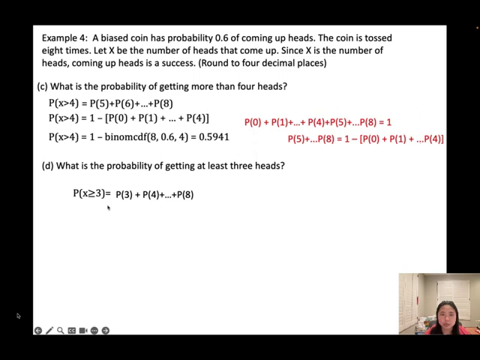So that will become 1 minus P of 0, plus P of 1, plus P of 2, in order: 0, 1, 2, 3, 4, 5, 6, 7, 8. And then same idea, that will be cumulative from 0 to 2. So 1 minus binomial CDF with n, p, and then x.